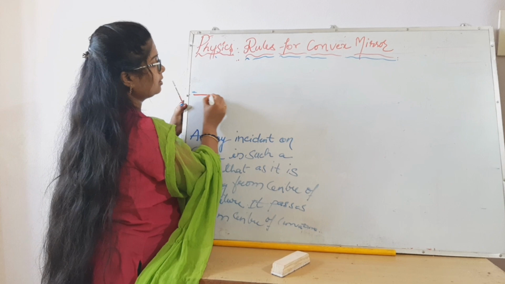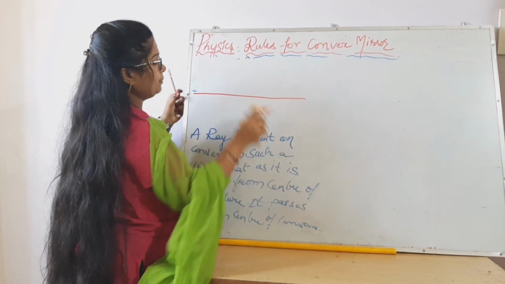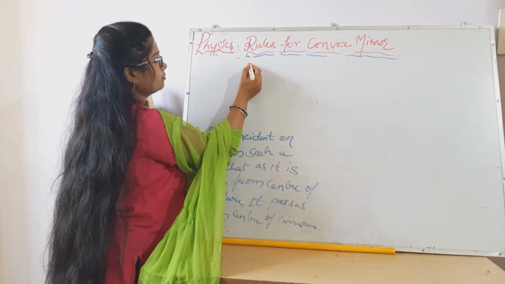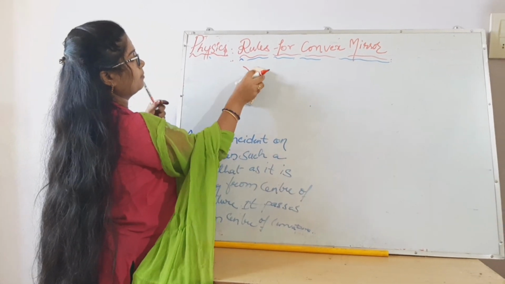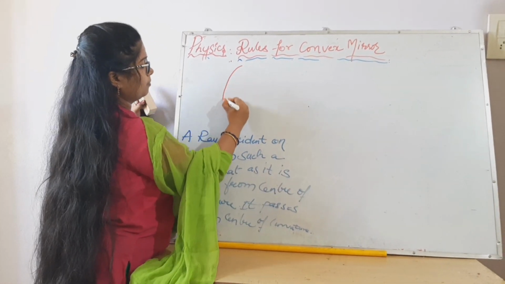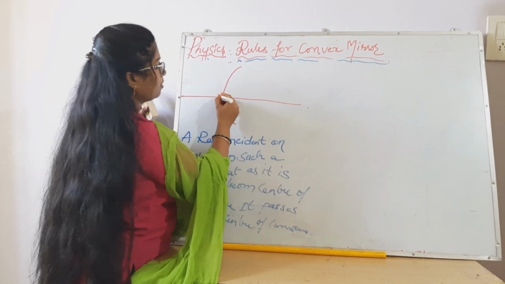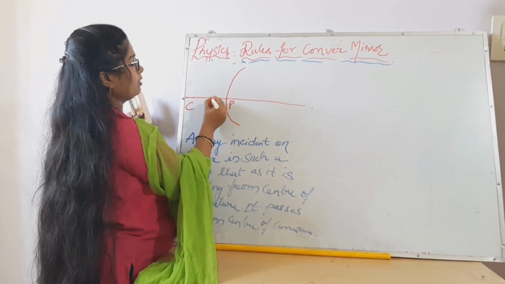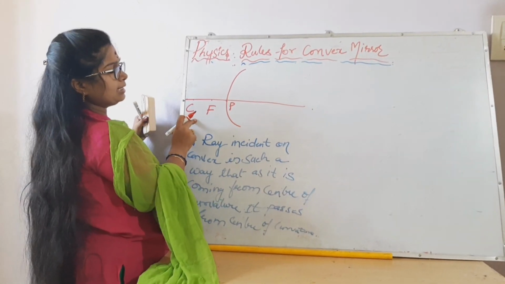See. Principal axis. First let me draw the mirror. This will be the mirror. Pole. Center of curvature. Focus will be this side.